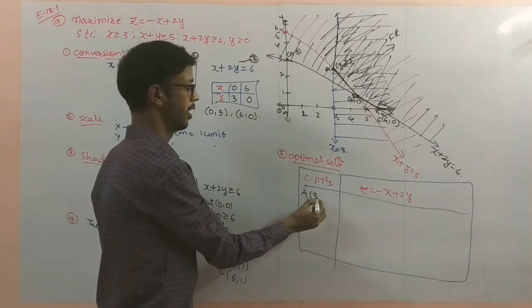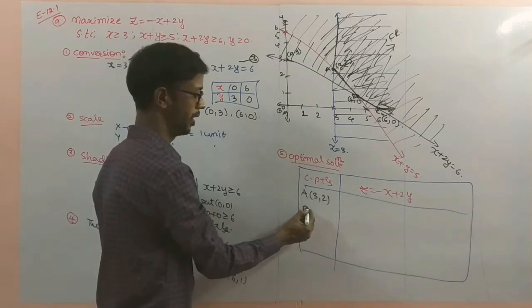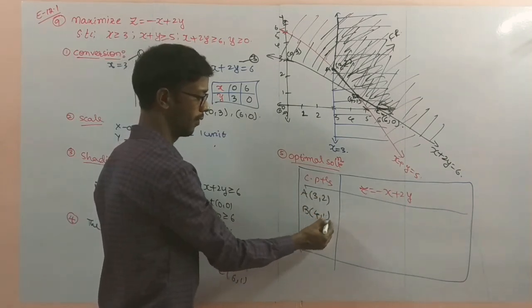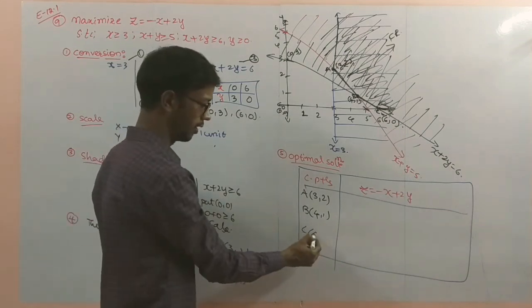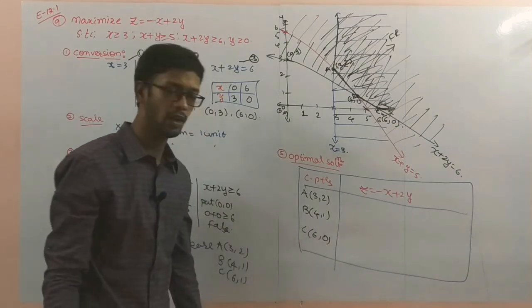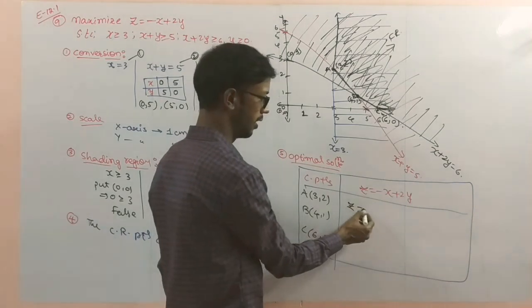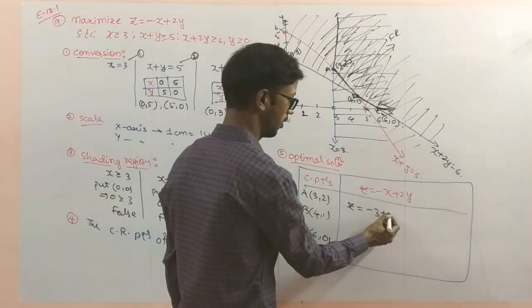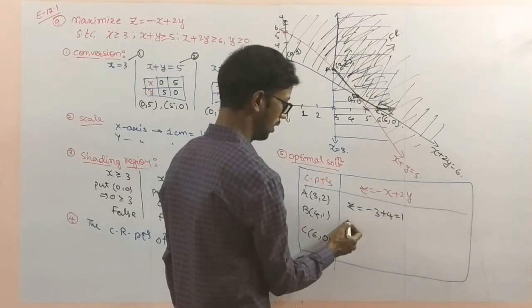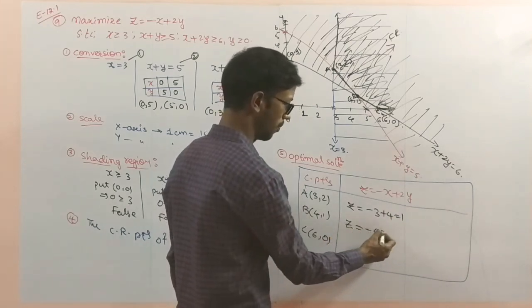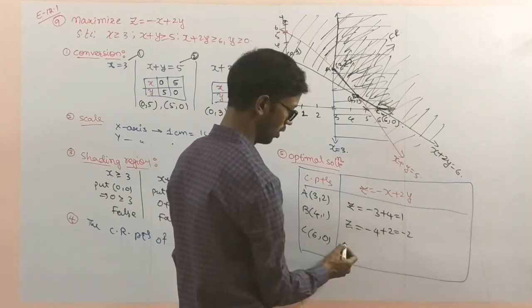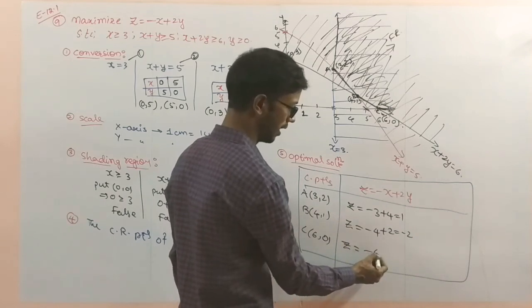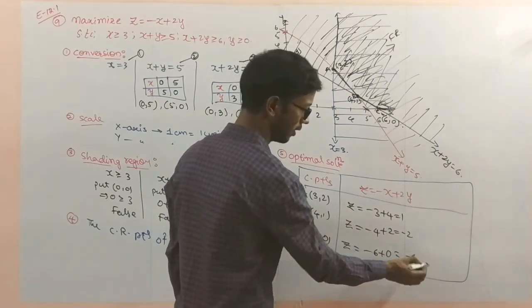Point A is (3, 2), point B is (4, 1), point C is (6, 0). Substitute all in place of x and y. Minus 3 plus 4 is 1. Z equal to minus 4 plus 2 is minus 2. Z equal to minus 6 plus 0 equal to minus 6.